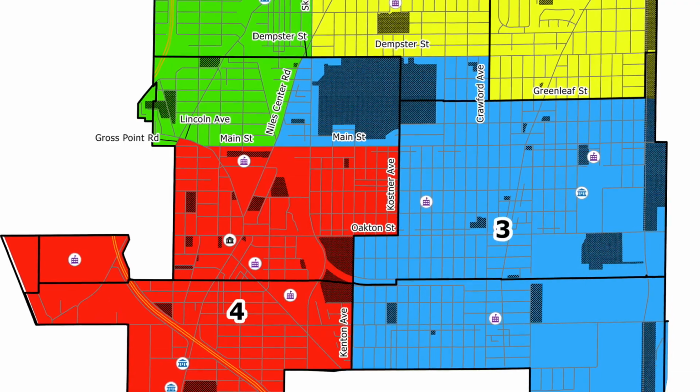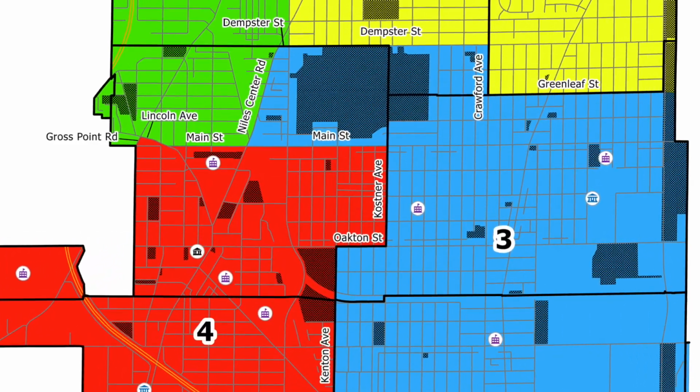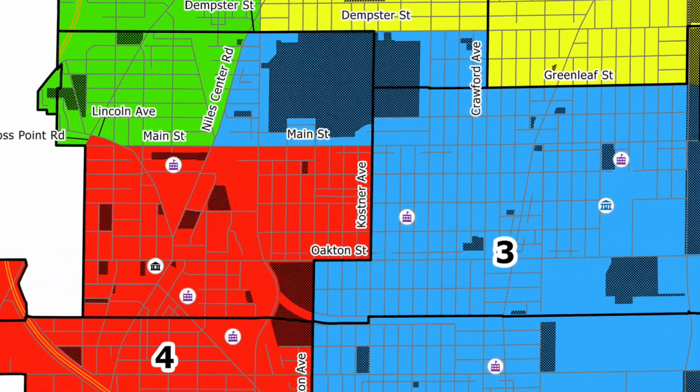The one thing that distinguishes this approach from the other two is that we follow the larger thoroughfares more closely in the division between districts 3 and 4, where we follow Kostner as a major boundary, whereas in the other two, they drift over to Keeler. So in terms of being able to say Kostner is the boundary, that seems to be a more natural division for some people. That map uses Kostner as that boundary.